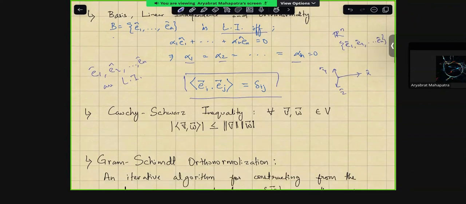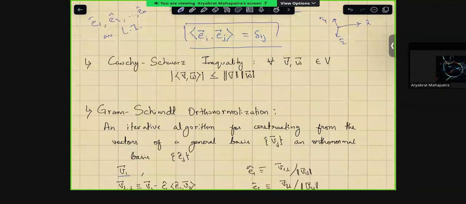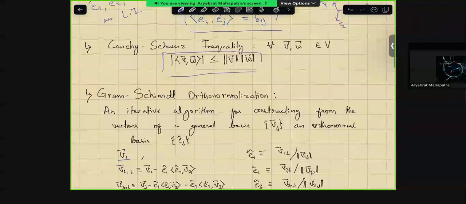And further, there was a theorem, the Cauchy-Schwarz inequality, which is given by this. Again, we saw that in Euclidean geometry this is one of the most prominent features.